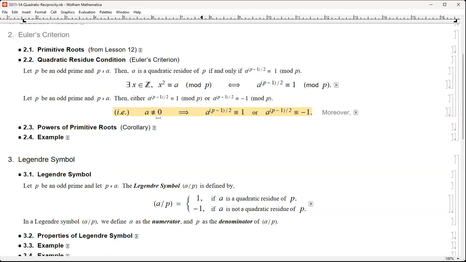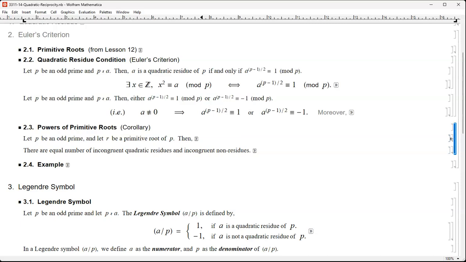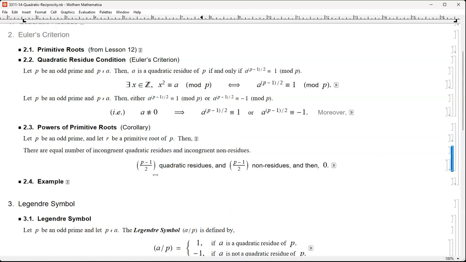By the way, A being 0 is just a singular case, and we end up with an equal number of residues and non-residues: (P minus 1) over 2 quadratic residues and (P minus 1) over 2 non-residues, and then 0, so they all add up to P.